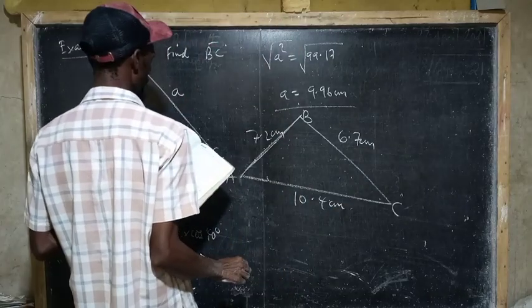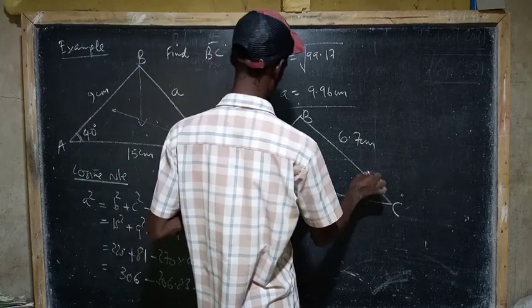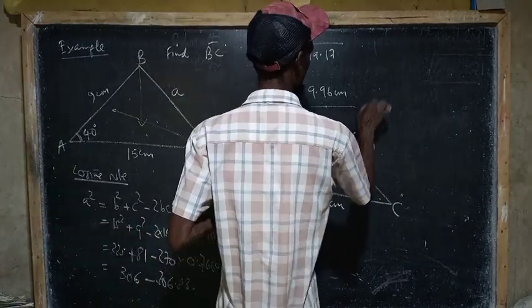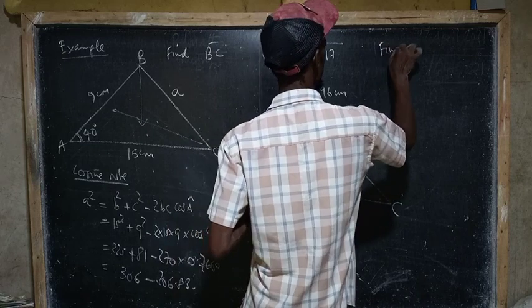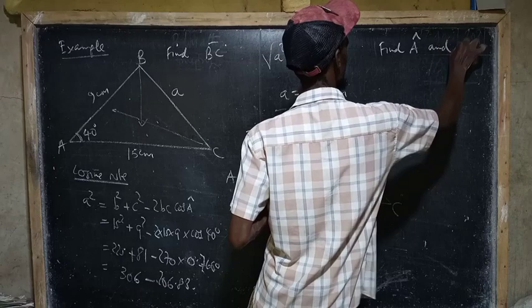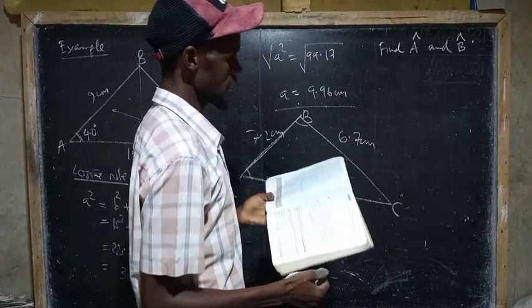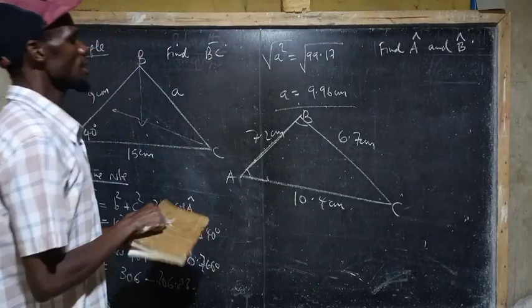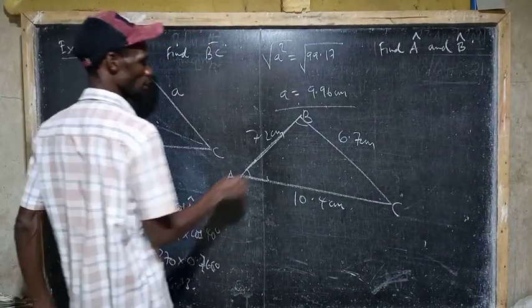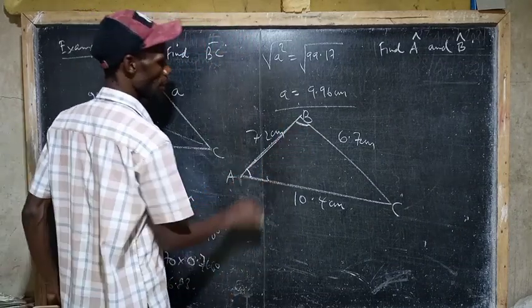Then tumeambiwa tutafute angle A na angle B. Find angle A and angle B. Angle B ni hii hapa na angle A ni hii hapa.